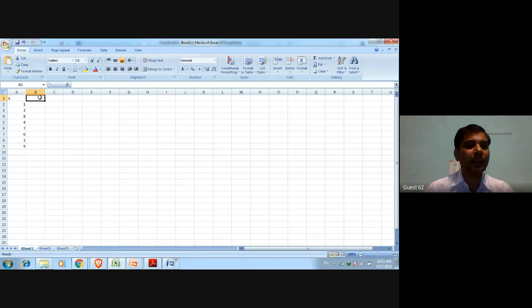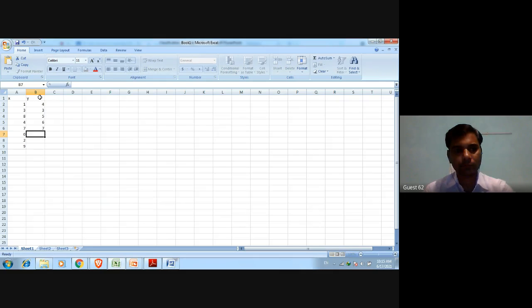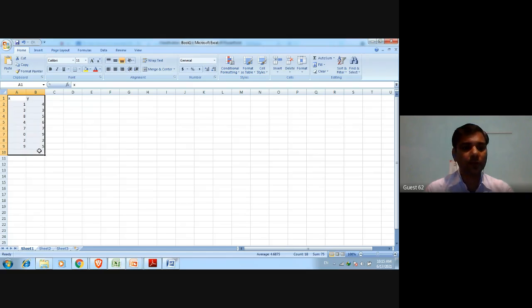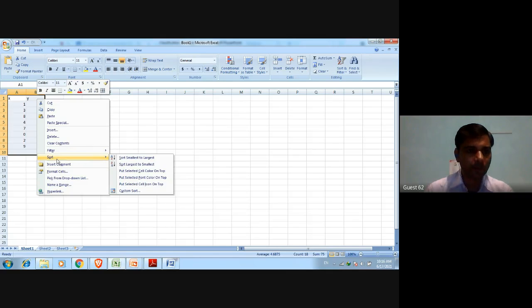These are the x, and let us draw y. Y equal to. Now we have to plot a graph for these two variables.